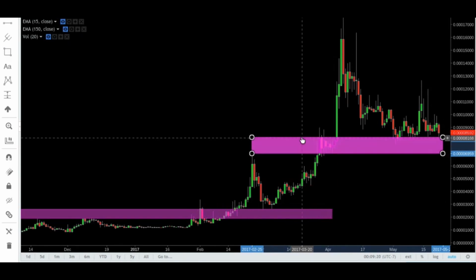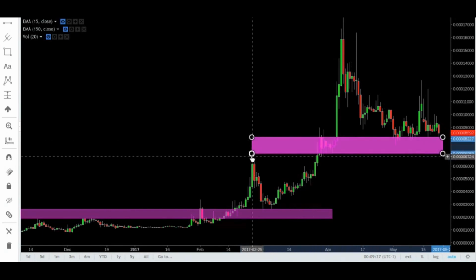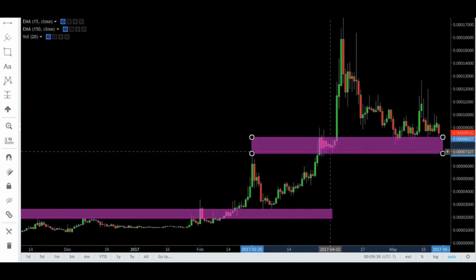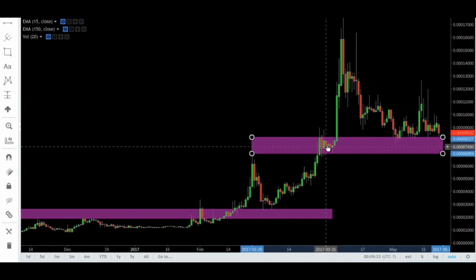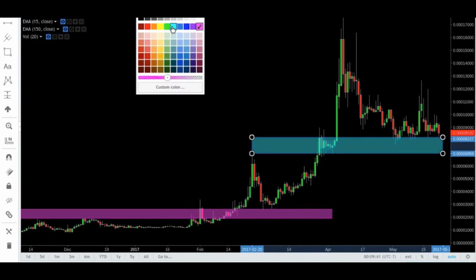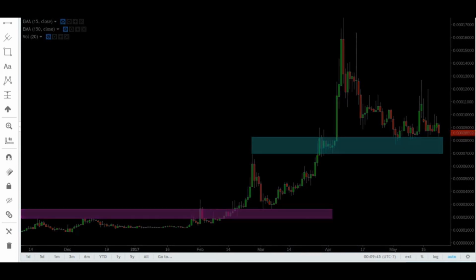That confirms that this is definitely a zone where we have previous resistance, and the price went up and down in this resistance and support zone, then just became support. Now let's also color coordinate this. There we go. Perfect.